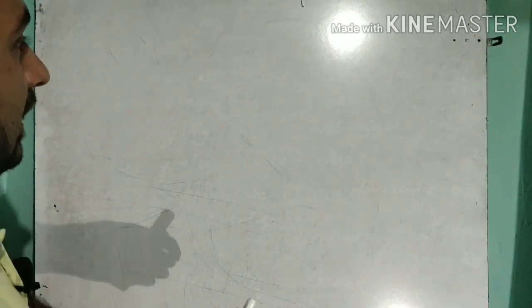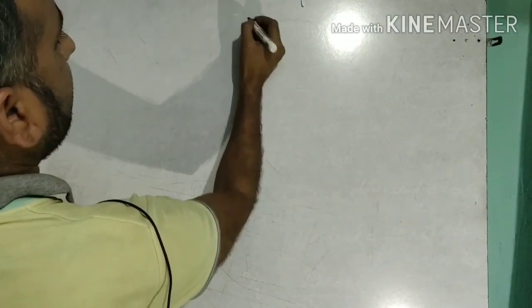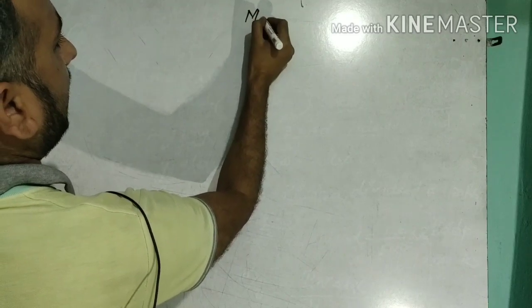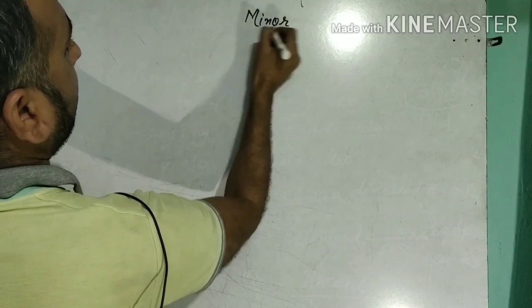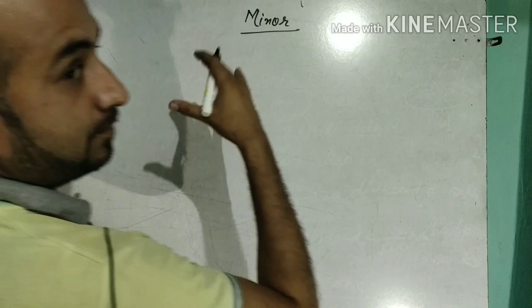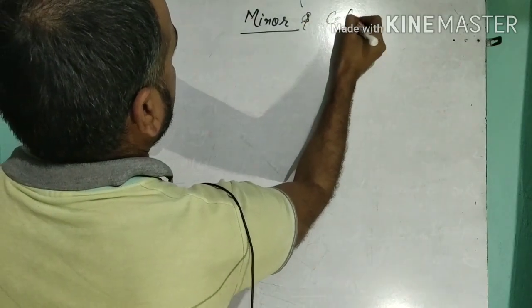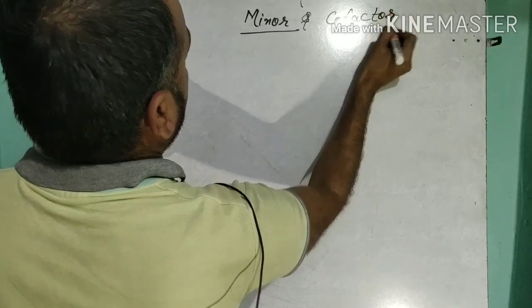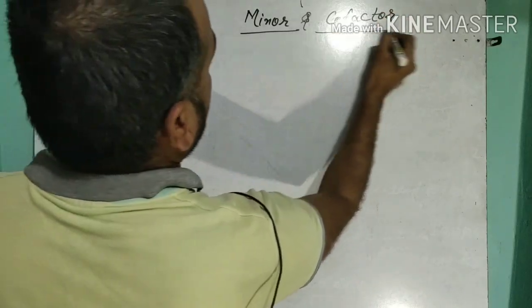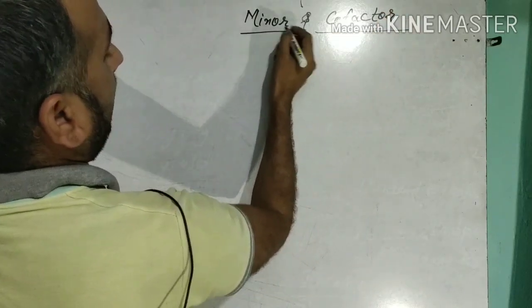So see the concept here. At first I will explain the minor, and after that I will clear to you the cofactors. So see the concept. At first the minors. Actually the complete lecture is related to the minor and cofactor of a determinant.